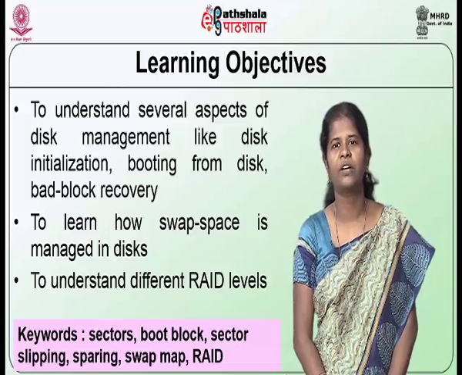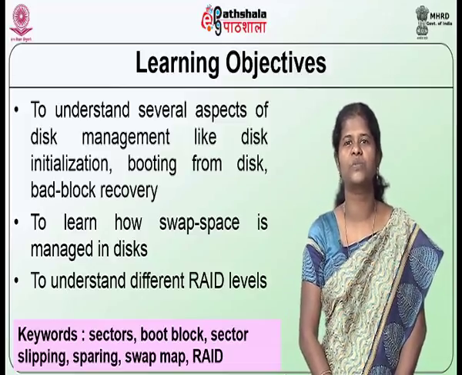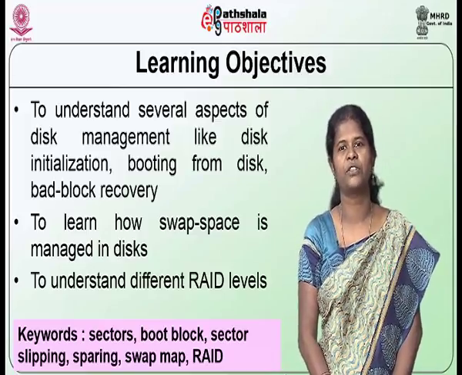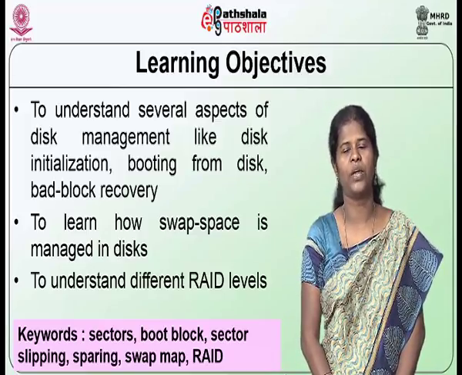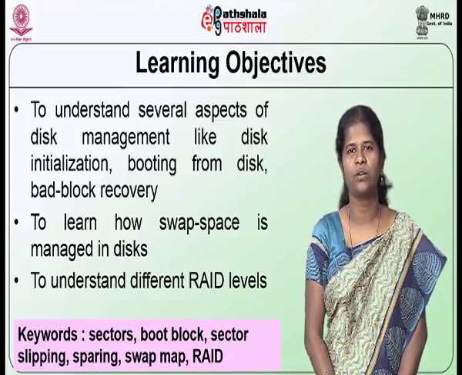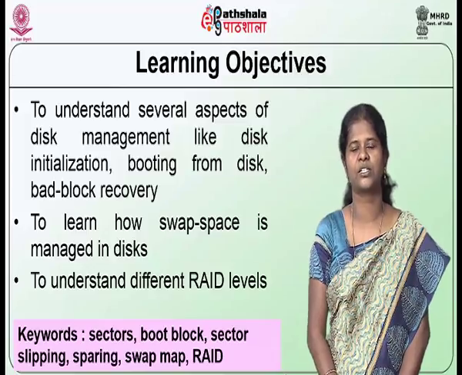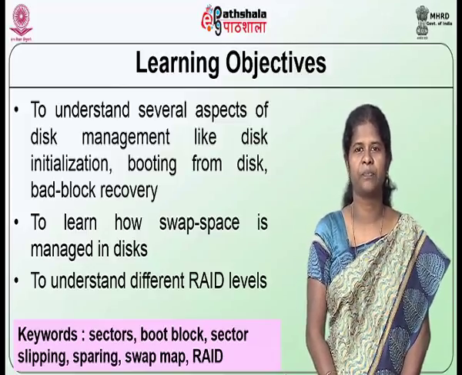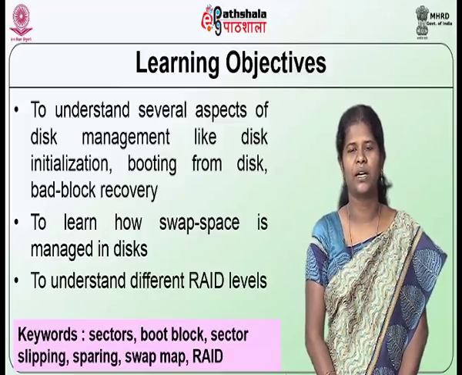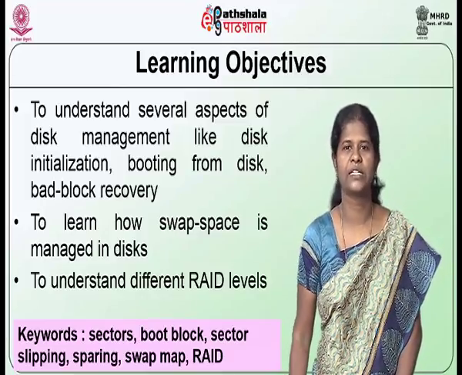Then you have the data structures implemented in the operating system for the implementation of the file system, and then we have the disk where the files are actually being stored, and you also have a few other data structures that are maintained in the disk. In this module we are learning different aspects related to the disk where the file system is actually stored.